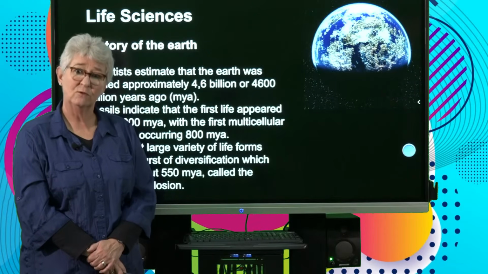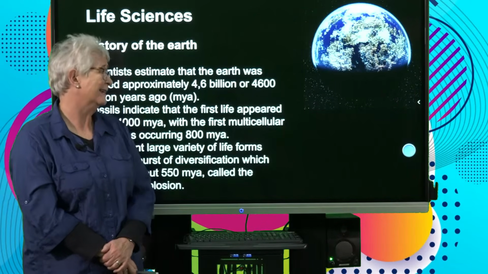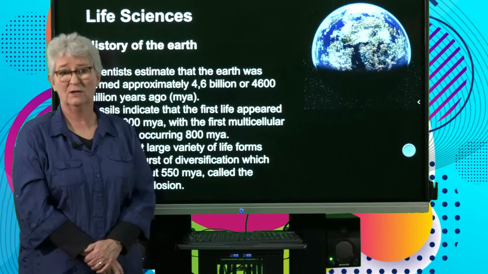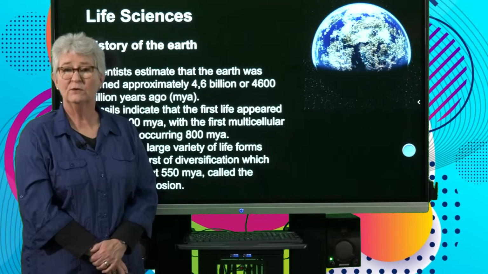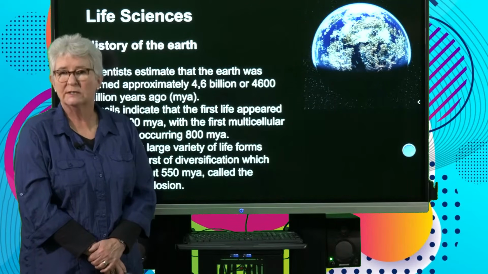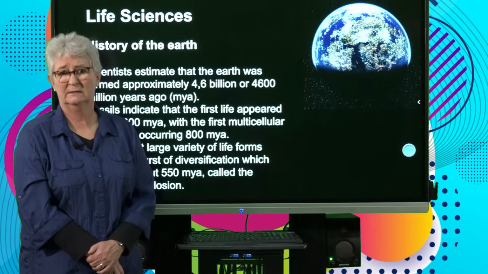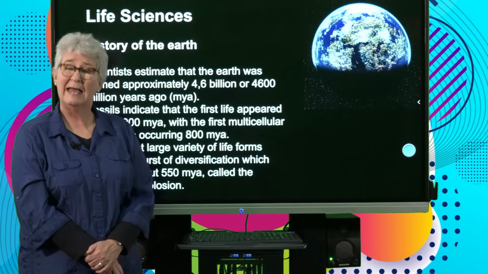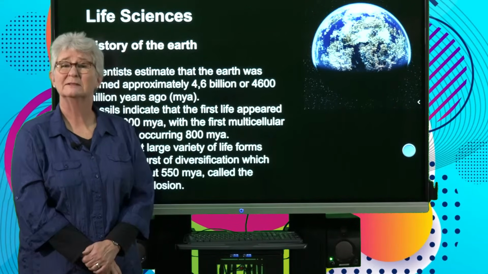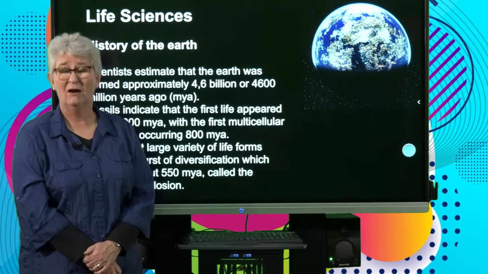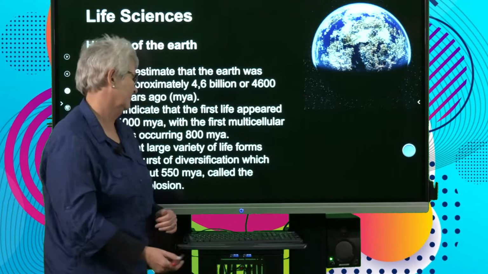And in those 4.6 billion years, things have changed quite a lot. The Earth changed from a hot, inhospitable sphere to a place where life could exist. And of course, humans are the end product of life on Earth.